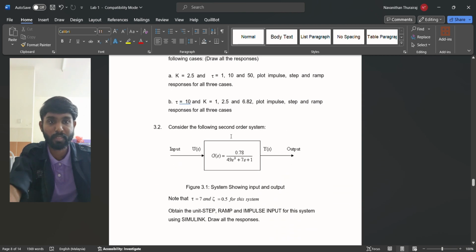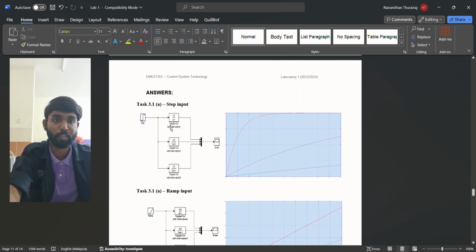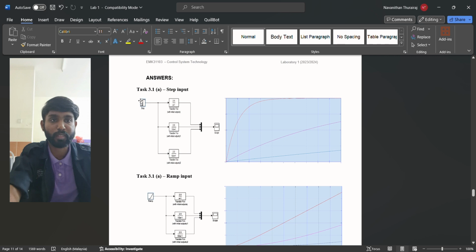For this, we'll be conducting a small experiment, where I'll be using this as an example. Let's go for step. I'll just copy and paste this.